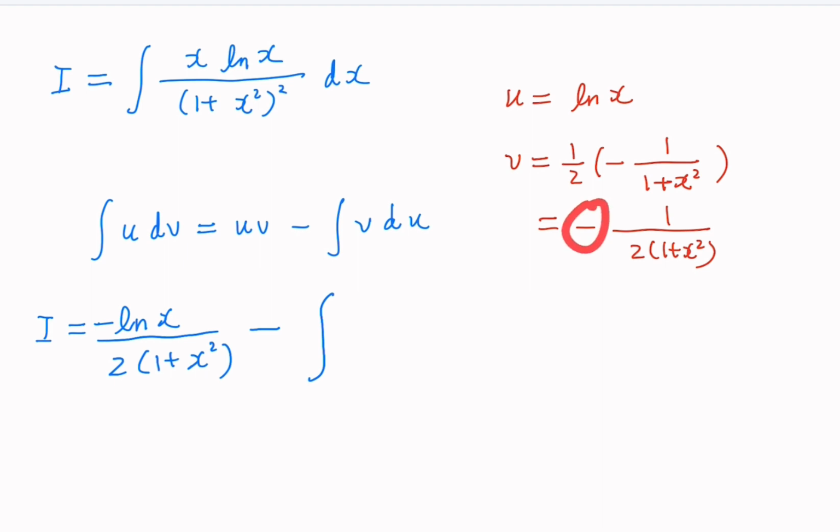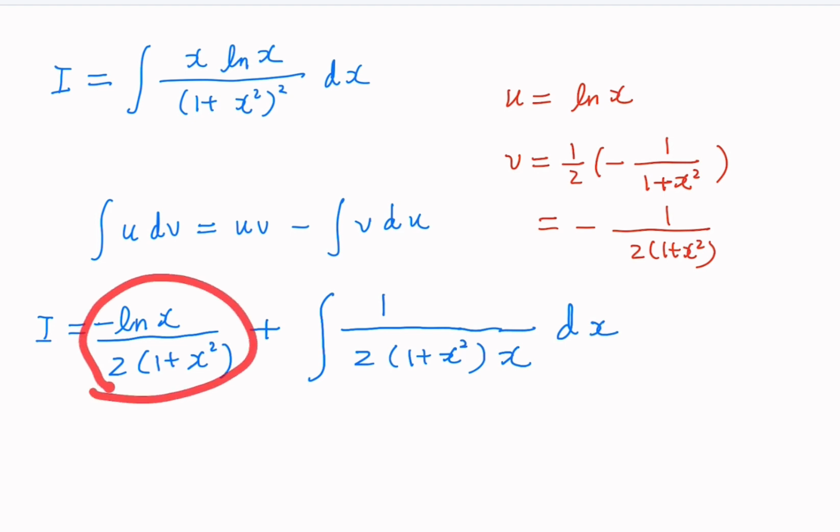You have a negative sign, minus, that would be positive, and then 1 over 2 times 1 plus x squared, and then you have du. We know that u here is the logarithm, so du would be 1 over x dx. So we have x here as the bottom, and this is the term that we know.